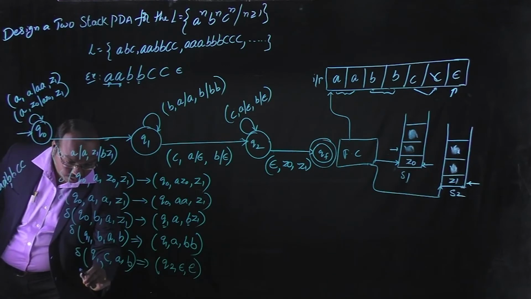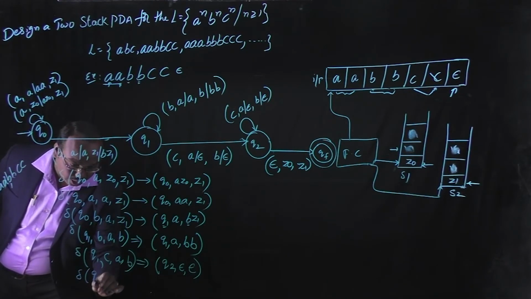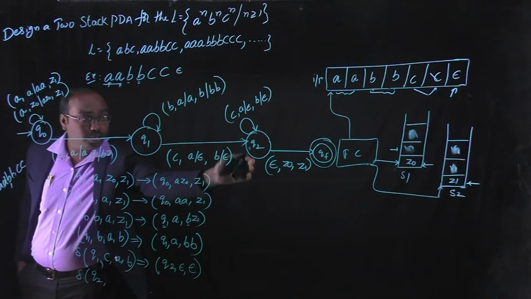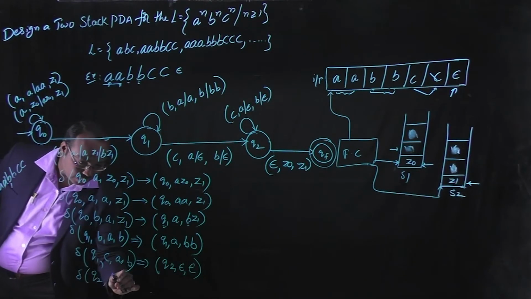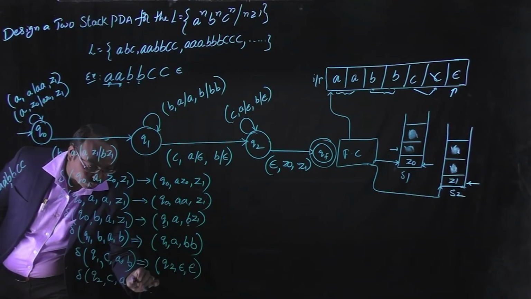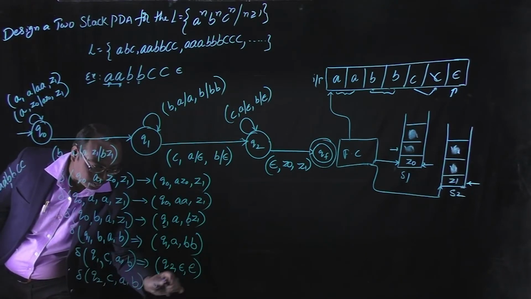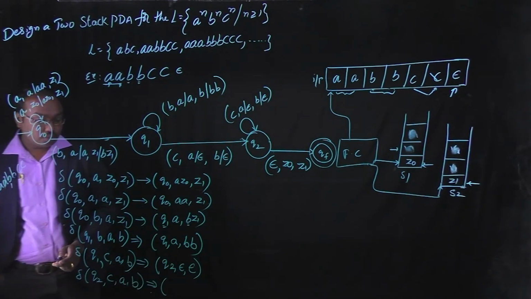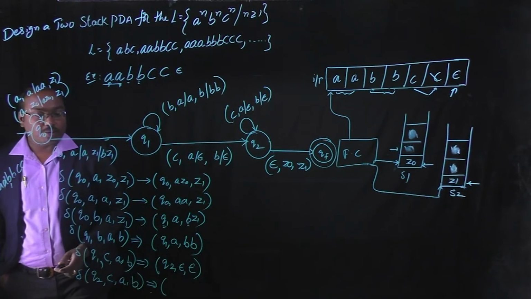And next one, so now I am in state Q2. Again I am reading input symbol C, and the top elements are A and B, the two stacks' top elements.